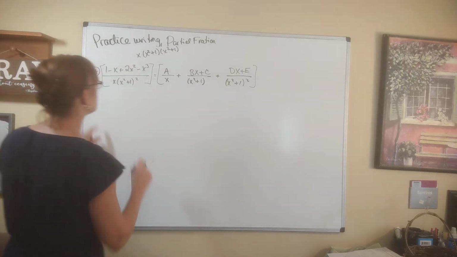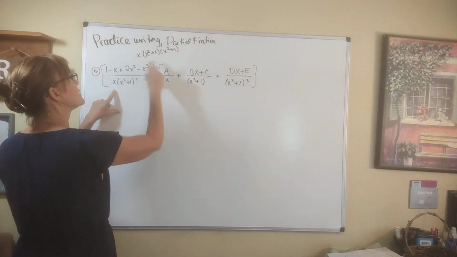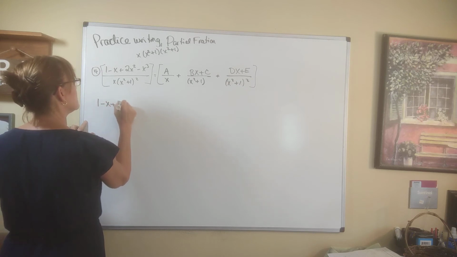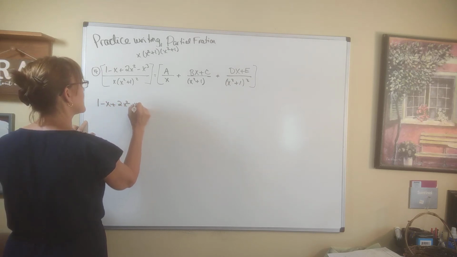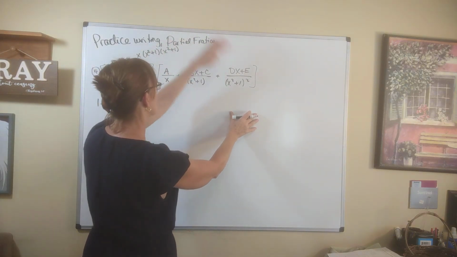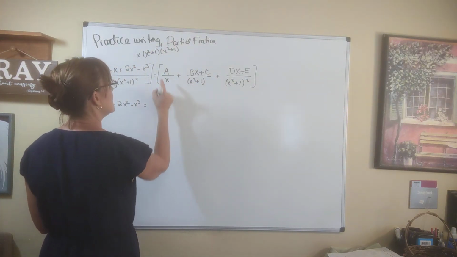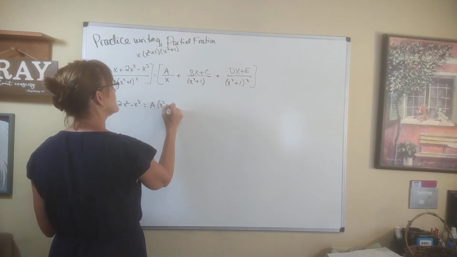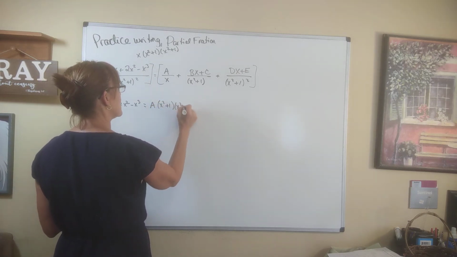All right, when we do that, on the left side, all of this is canceling with all of that, and we're just left with 1 minus x plus 2x squared minus x cubed. On the right-hand side, it will distribute to each one of these. So what I'm left with, the x will cancel. I'm left with a times x squared plus 1 times x squared plus 1.